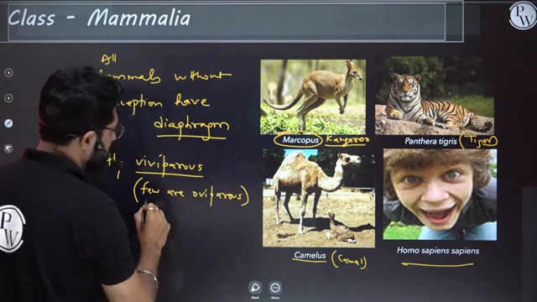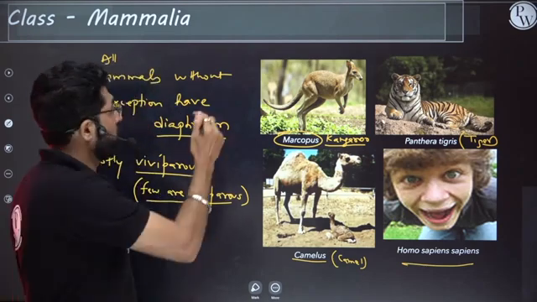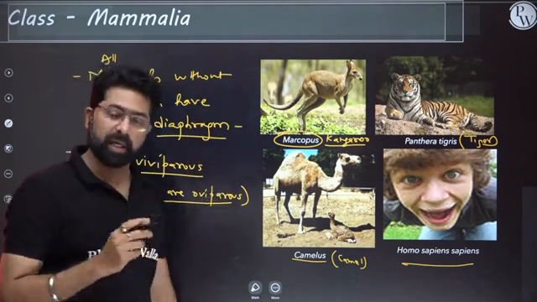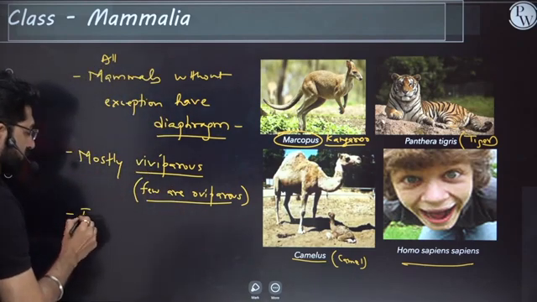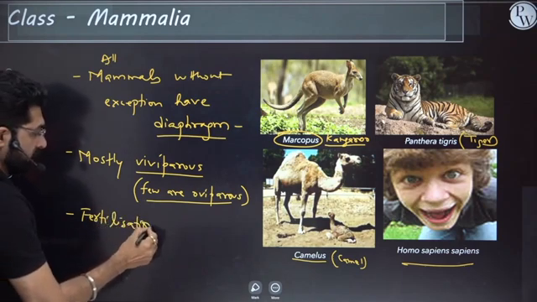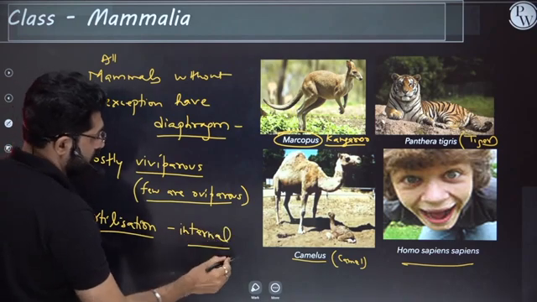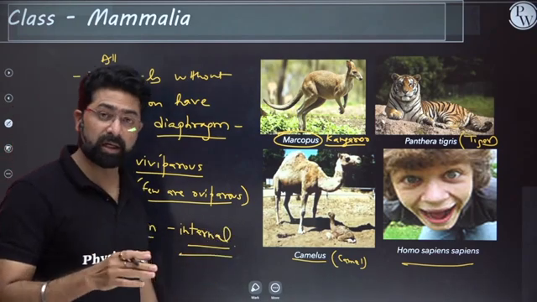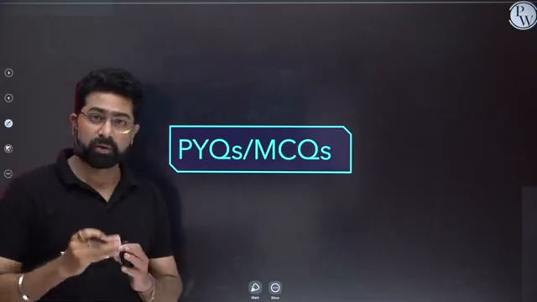Wherever you look, you will find some exceptions, but in only one case there is no exception, that is the diaphragm. Fertilization is always internal, without exception here also. So this was all about the theory part.